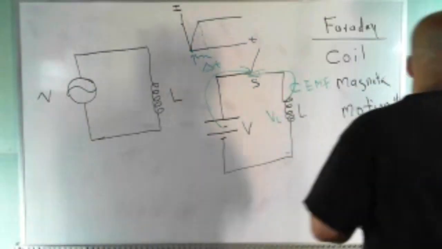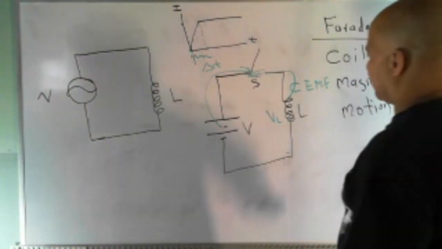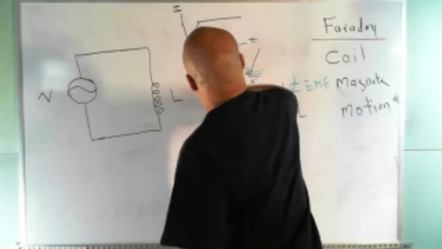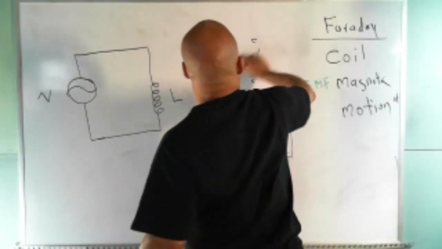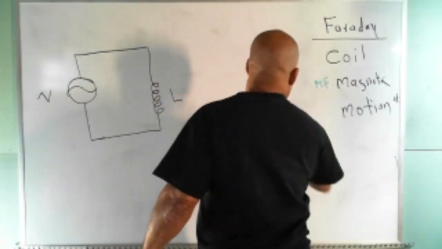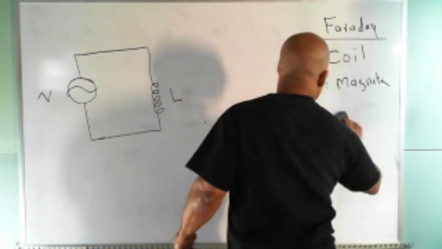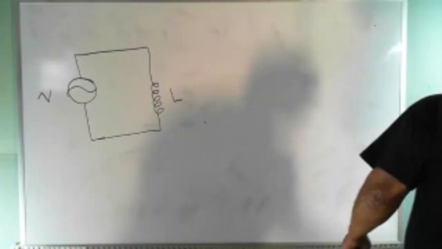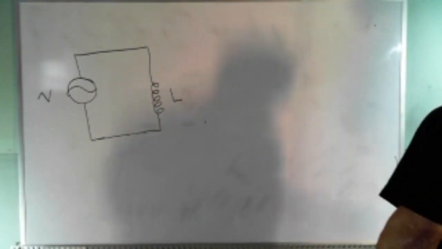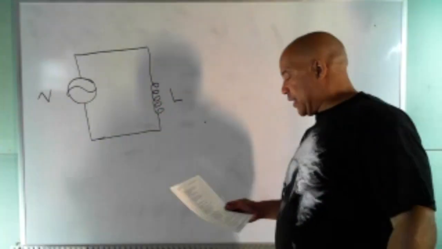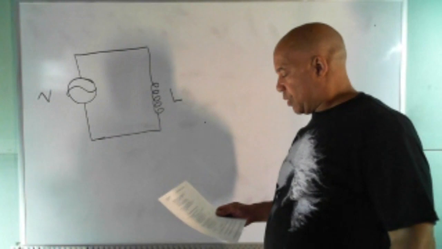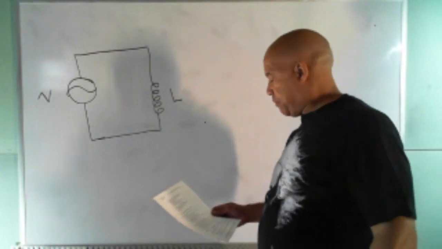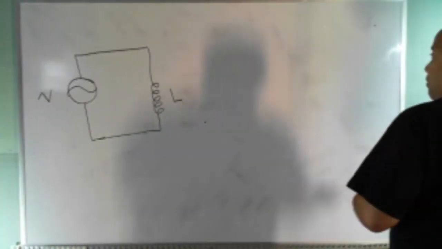Now, having said that, let's look at something. I don't know if you remember this, because this is where we only spent a little bit of time with this in DC, but I gave you Faraday's law. Here's what I gave you for Faraday's law.